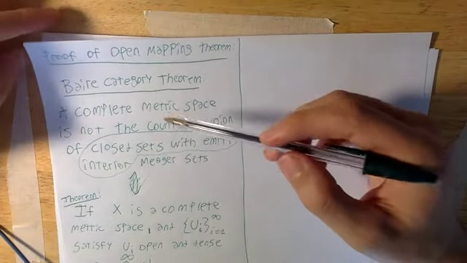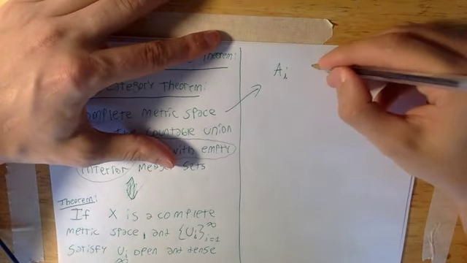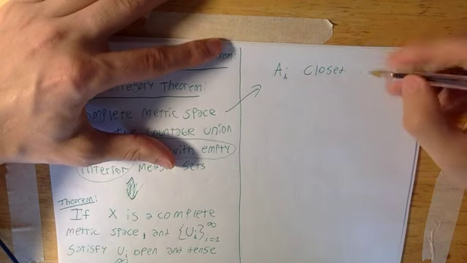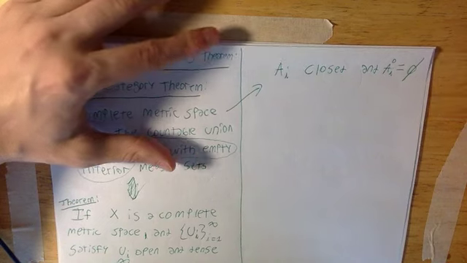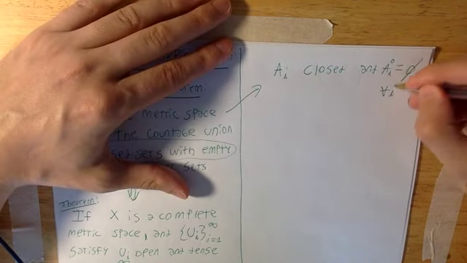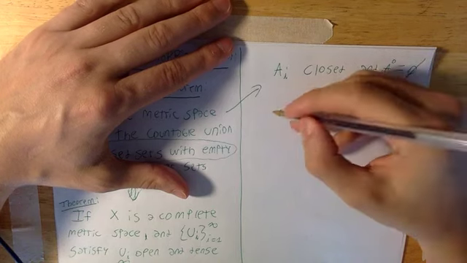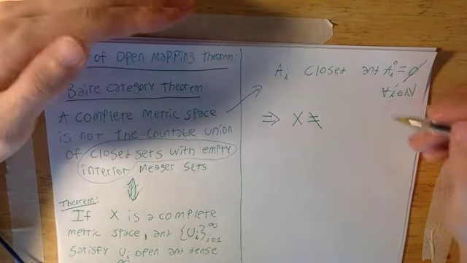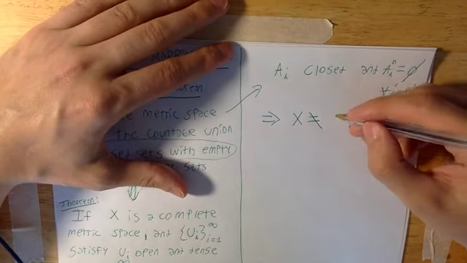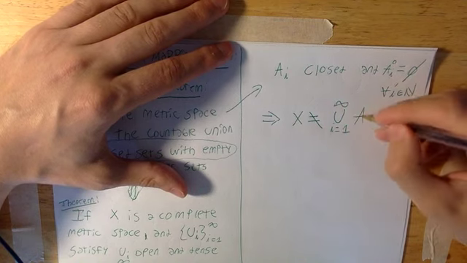This actually implies that, let's take A_i closed and the interior of A_i is equal to the empty set for every i in N. Then X is different from the union of i equals 1 up to infinity of A_i.